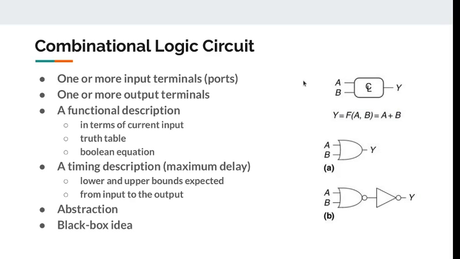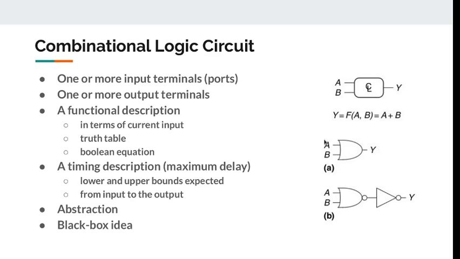So one example here. We have this combinational circuit here. We know that it's a function y, and this function depends on inputs a and b. And from the description of our circuit, we know that it's an OR gate. So it's A or B, and that defines the output that we need here.